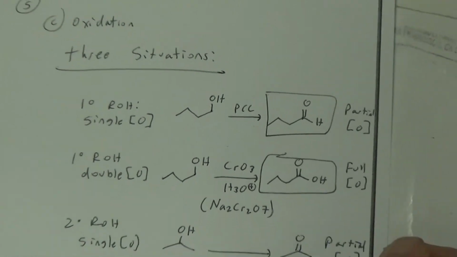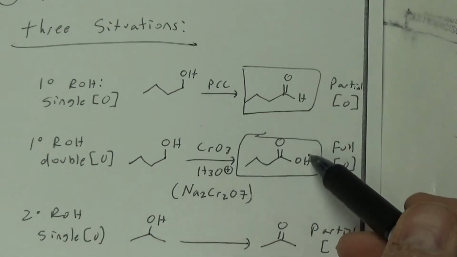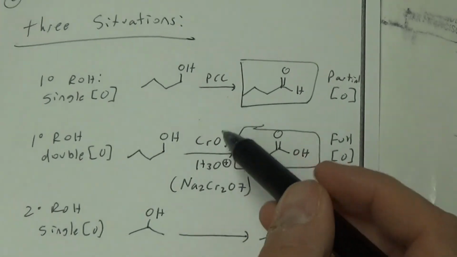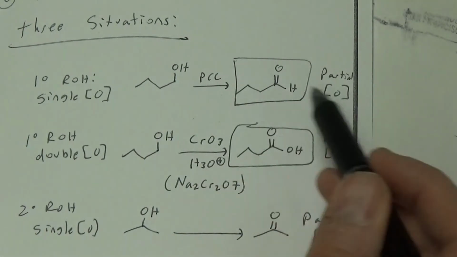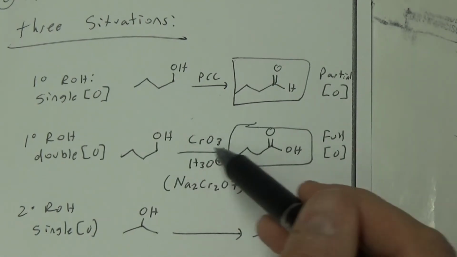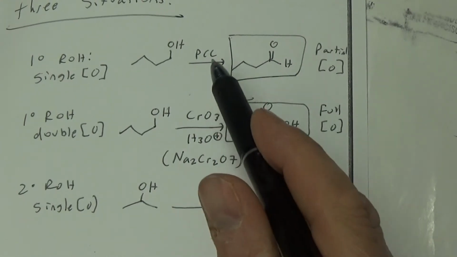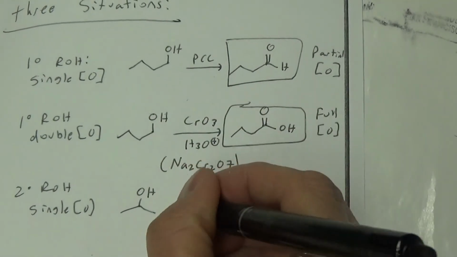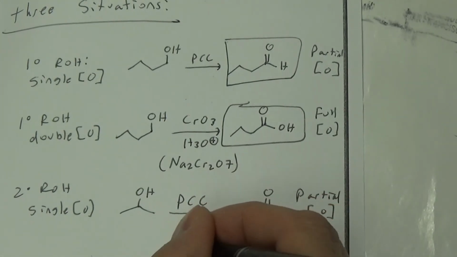And which one should we use? Or does it matter? PCC will always just give you a partial oxidation, a single step oxidation. CrO3 does a 2-step oxidation. For a secondary alcohol, it doesn't matter. You can use PCC or CrO3.